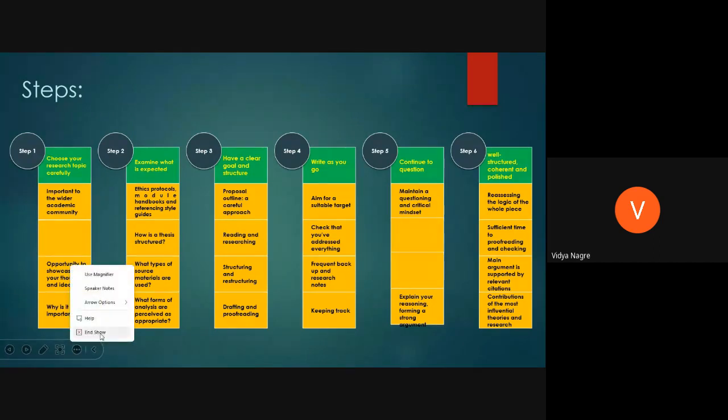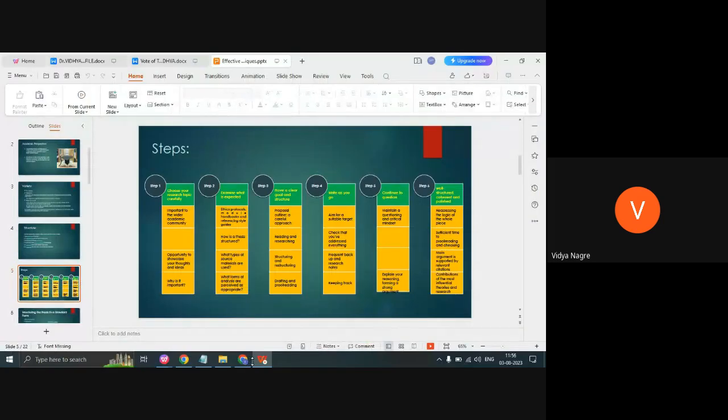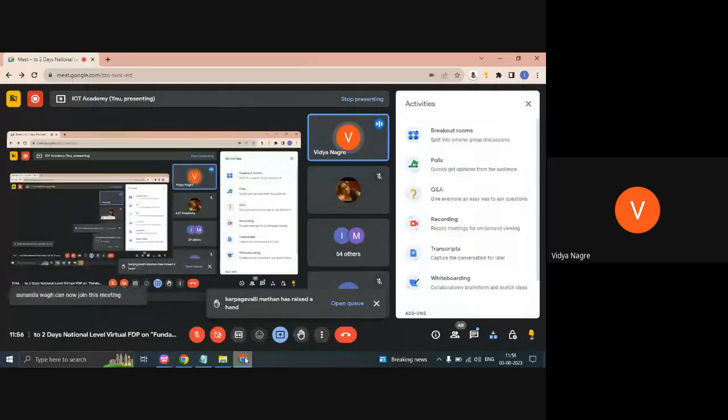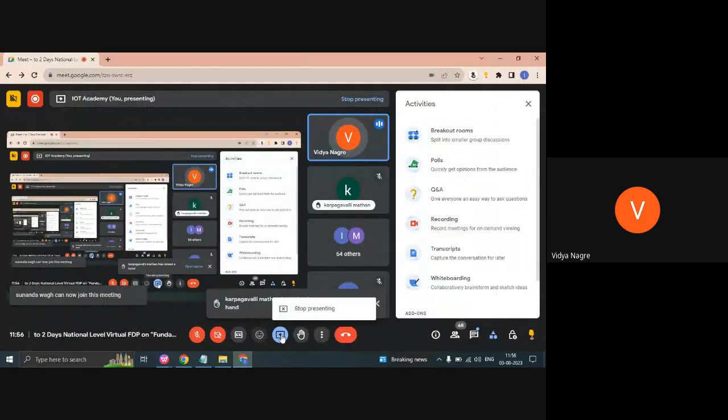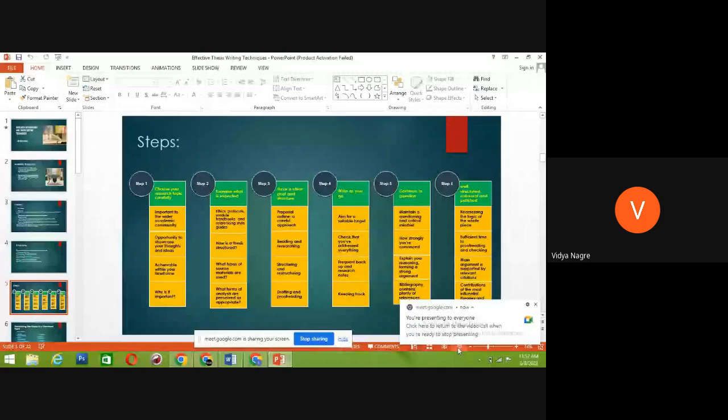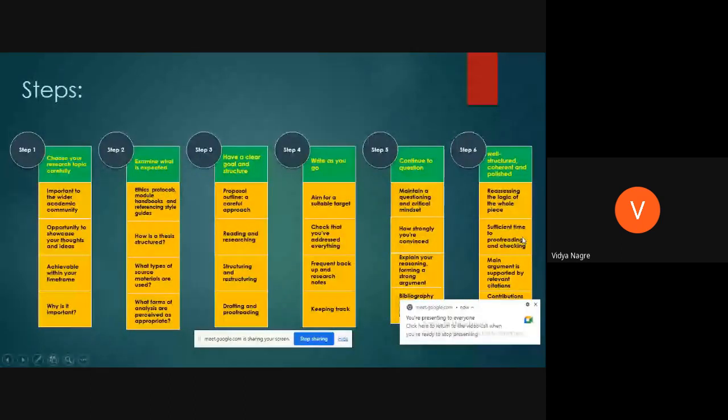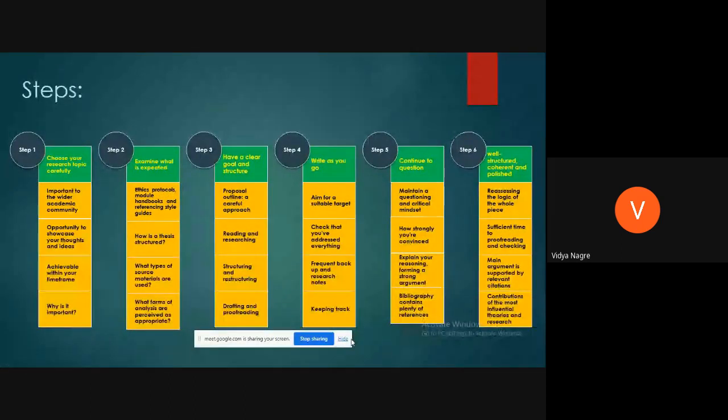Structuring and restructuring are parts of your research writing. You have to structure your research and start writing. Please understand that from day one, writing as you go is very important. You do not wait for a fine day, thinking once I finish everything, reading or researching, then I'll start writing.